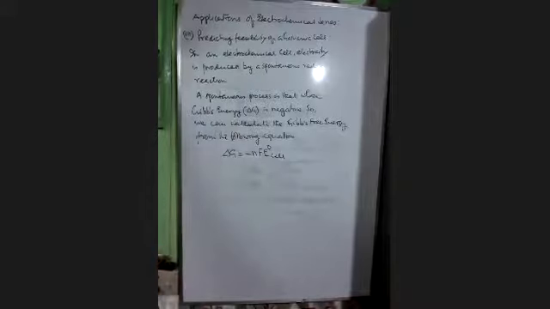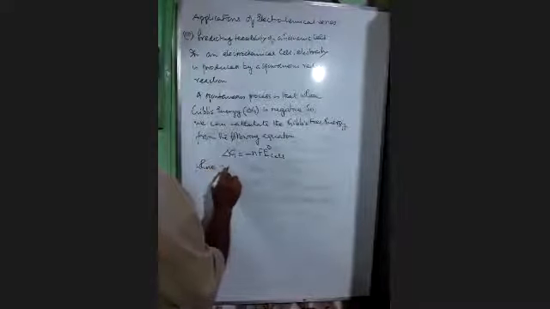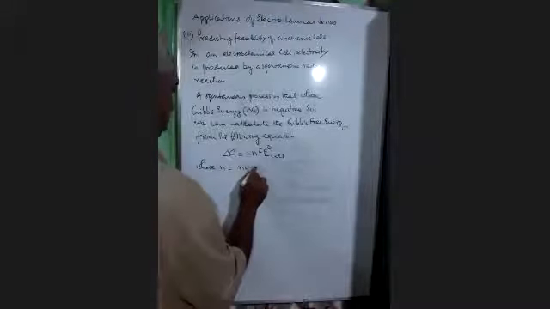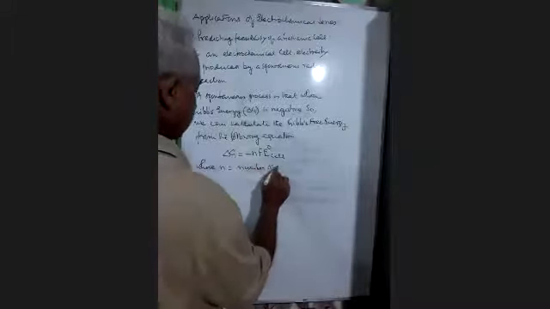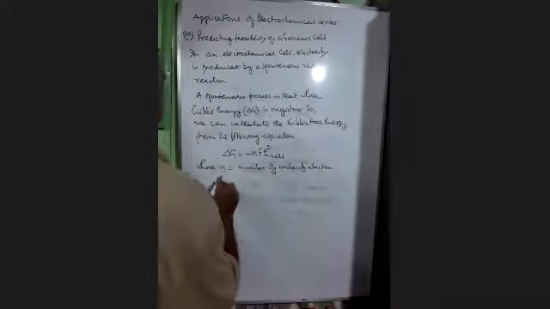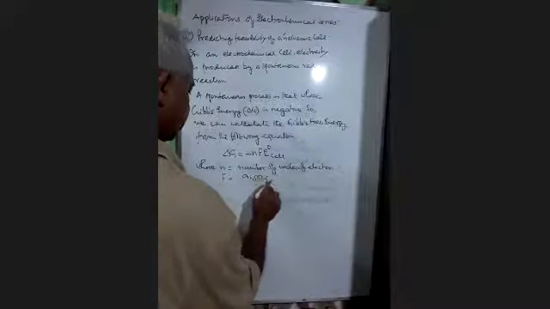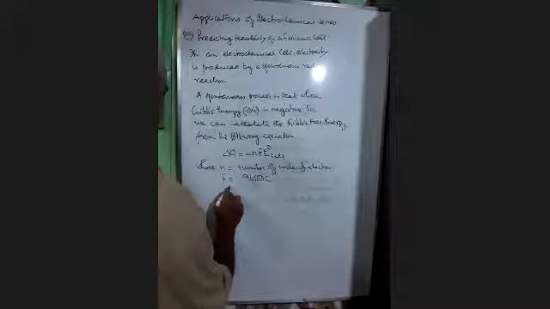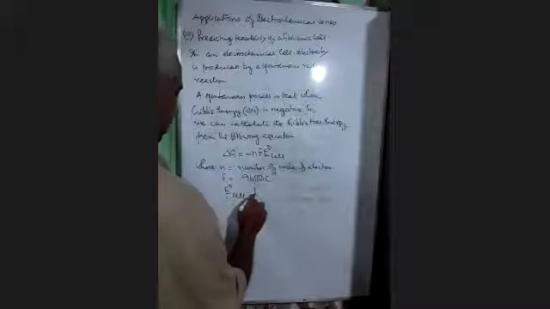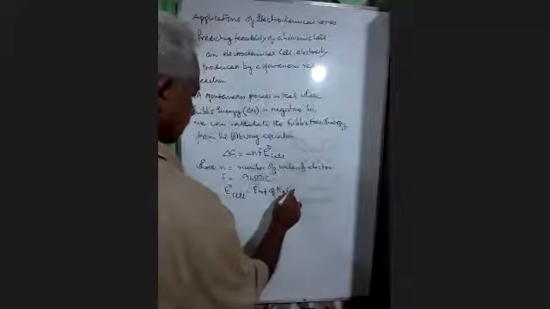Where n is equal to the number of moles of electrons, F is equal to 96,500 coulomb, and E0 cell is equal to the EMF of the cell.